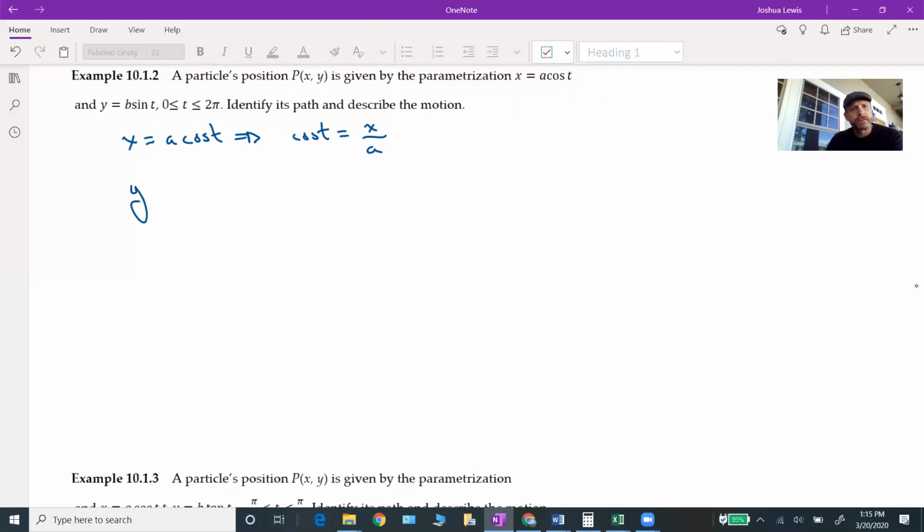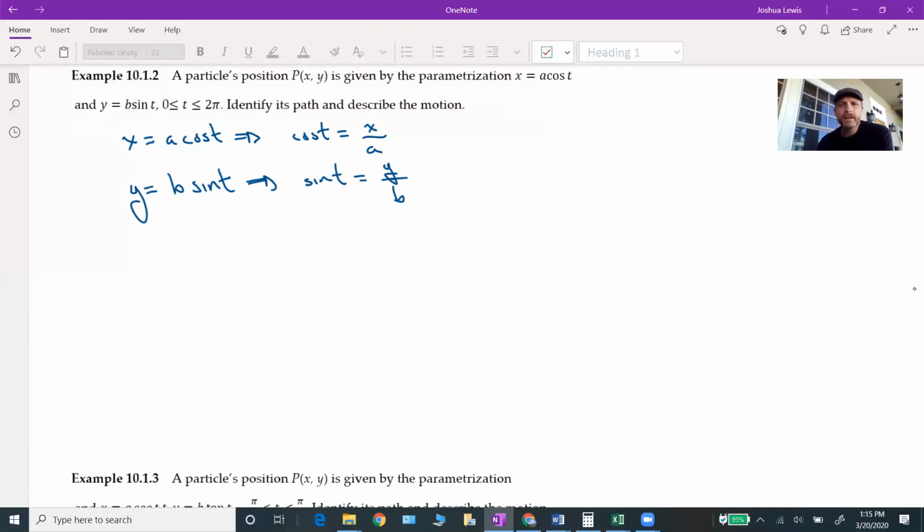Similarly, if y is equal to b sine t, then sine t is equal to y over b.